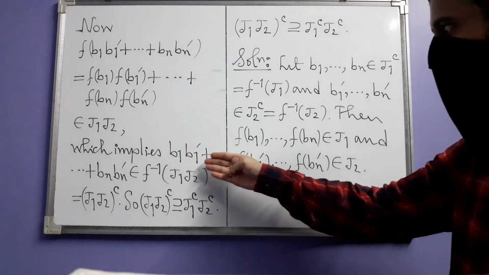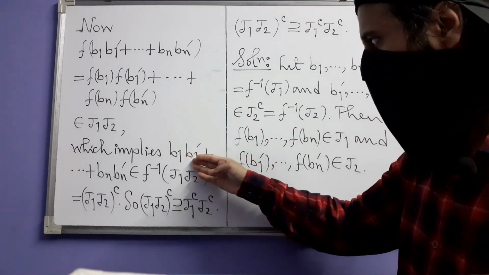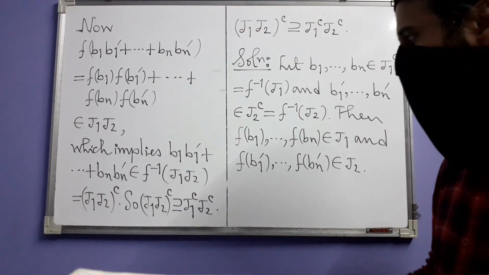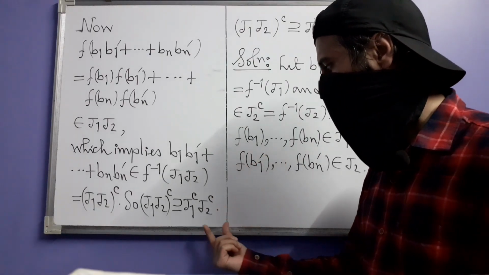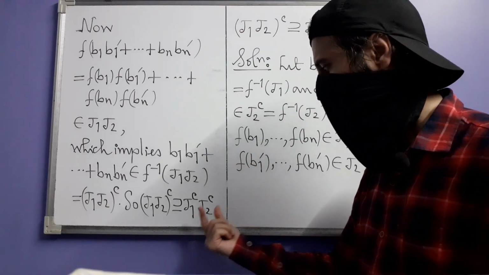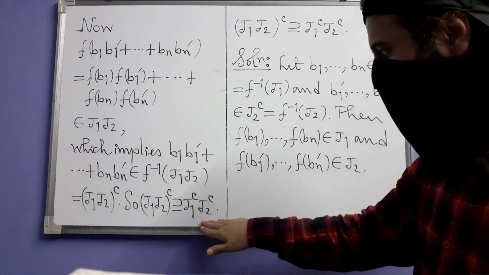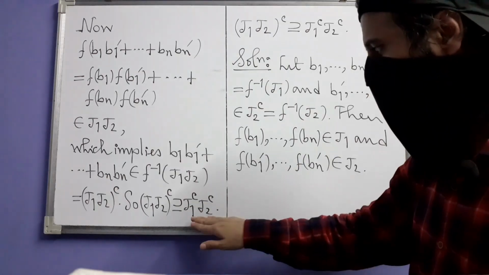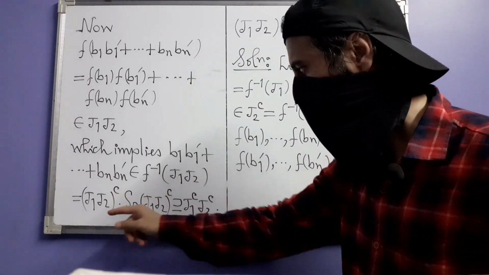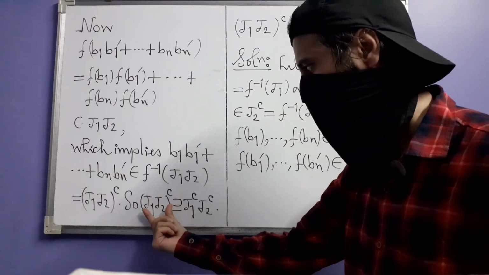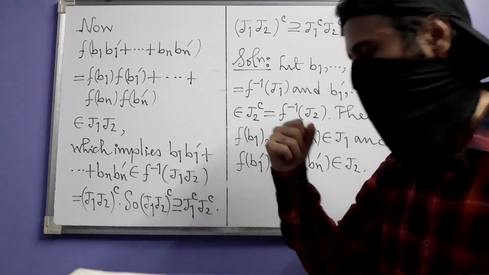And this sum that you are looking at here, the summation of bi bi prime, that is how a typical element of J1 contraction, J2 contraction looks. That is why any element from this product is here. So that's how this is a subset of this, or in other words, this contraction contains this product.